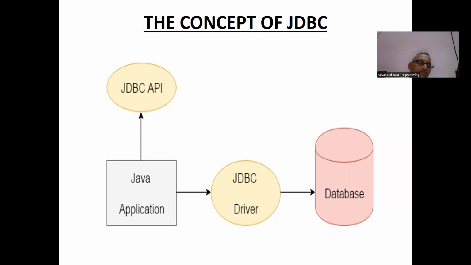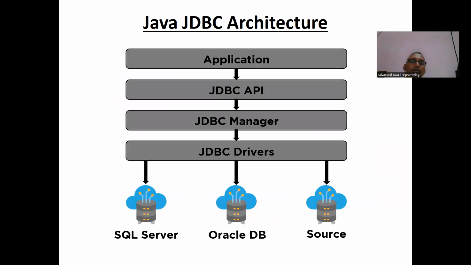Next one, Java JDBC architecture. The Java JDBC architecture consists of some primary segments: JDBC applications, JDBC API, JDBC manager, JDBC drivers, and data storage units.